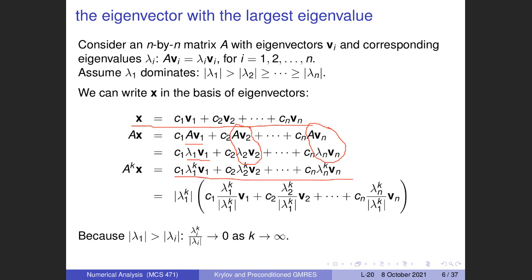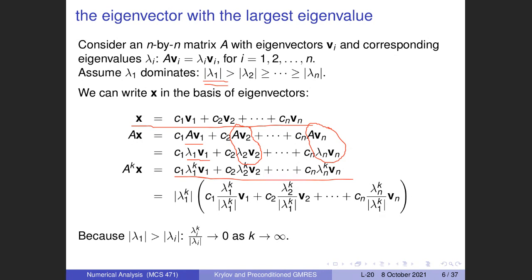If you have the eigenvectors and the eigenvalues, you would actually have a simpler way to compute this power A^k times x. Now, we can use this to further factor out the largest eigenvalue. By convention, we have labeled all the eigenvalues and the corresponding eigenvectors such that the eigenvector with the largest eigenvalue in absolute value comes first.